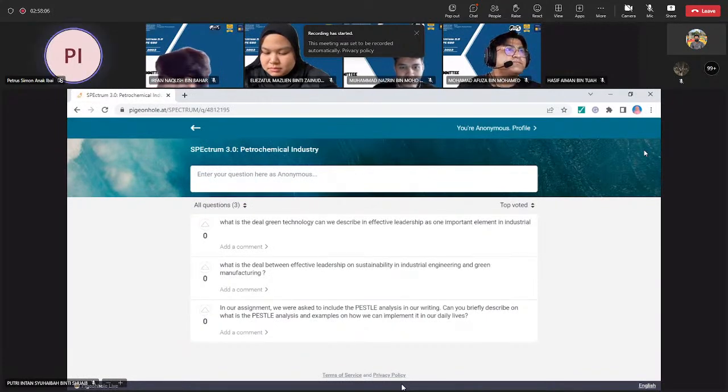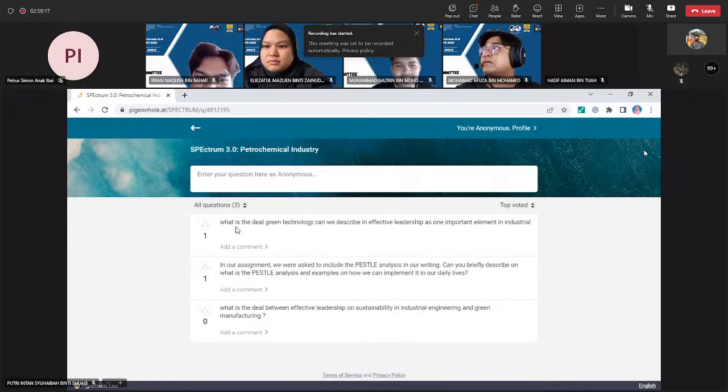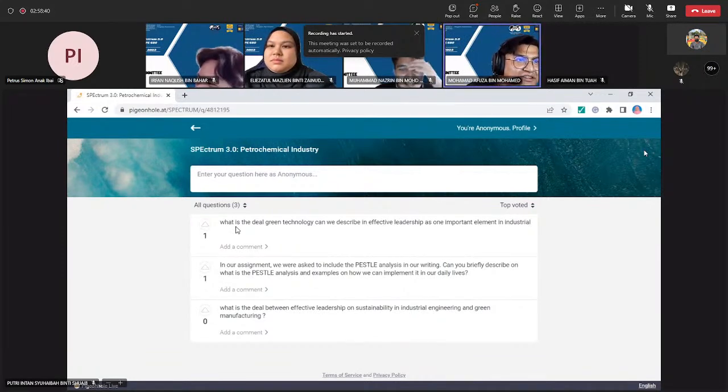The first one is, what is the ideal green technology that we can describe in effective leadership as one important element in industry?